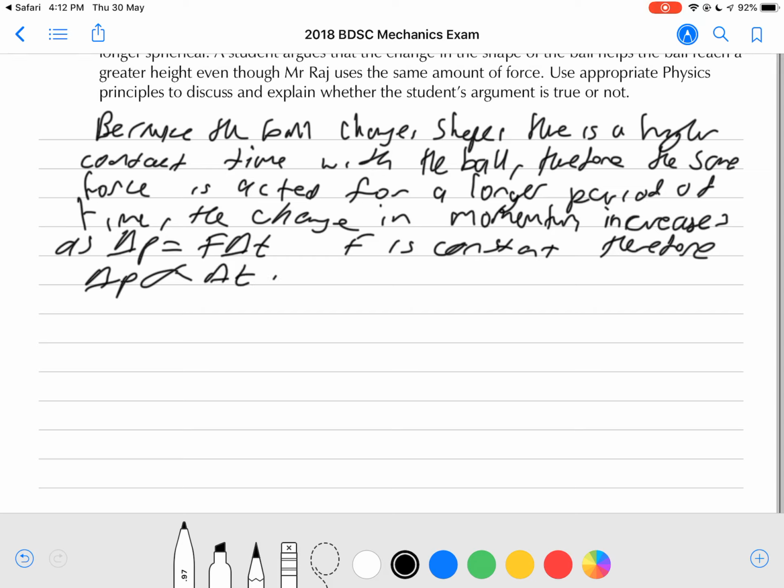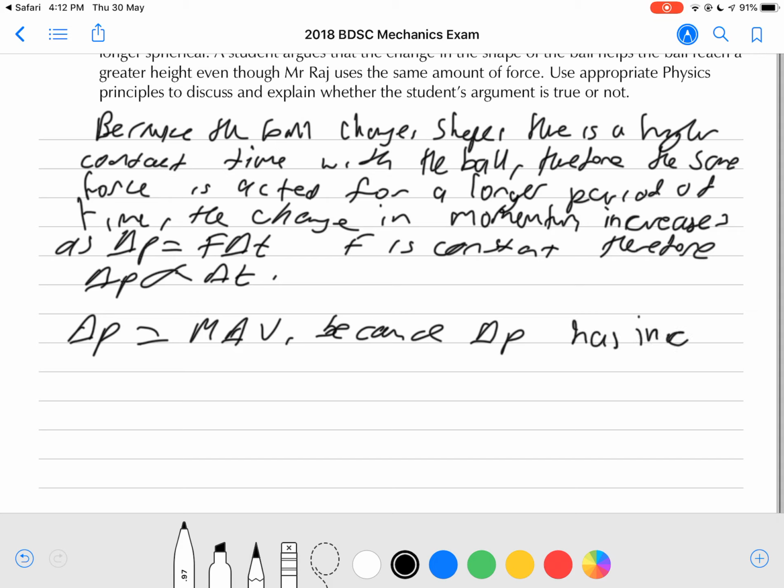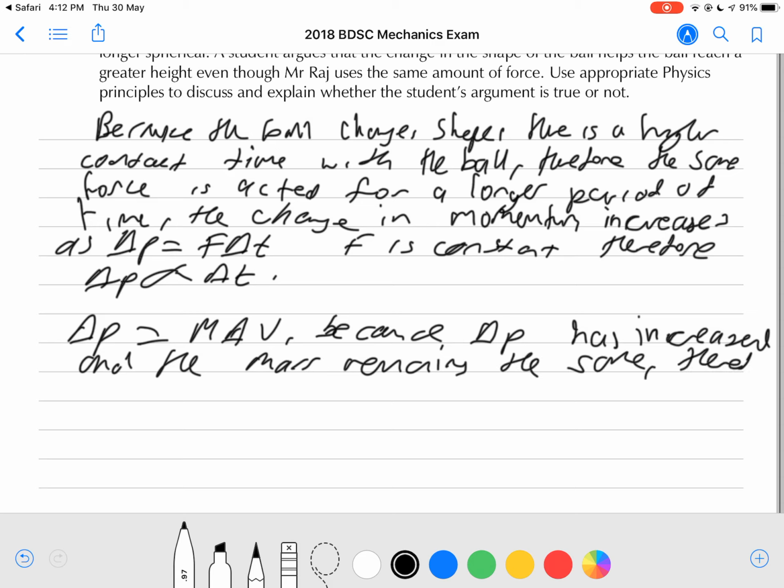Now because change in P equals m multiplied by change in velocity, and because change in P has increased and the mass remains the same, therefore change in P is proportional to change in velocity.